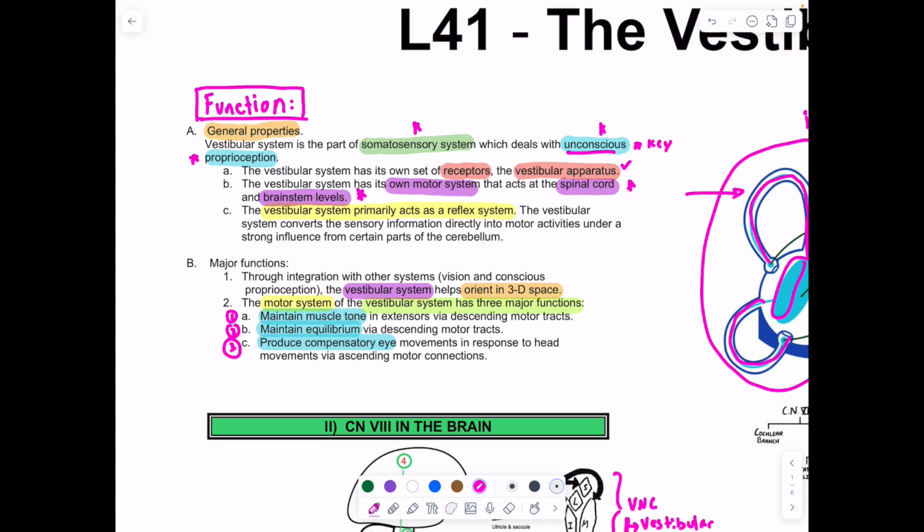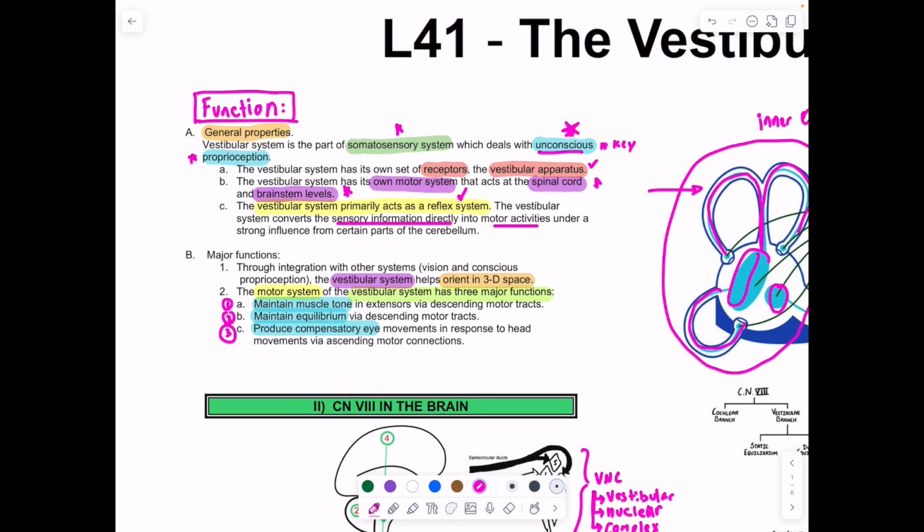The vestibular system acts as its own reflex system, converting our sensory information directly into motor activities, such that you can do this unconscious proprioception and turn it into keeping you upright. All right, so know where you are in 3D space and integrate that. So its major function is integration with other systems, vision, and continuous proprioception, and then orient yourself as a result.